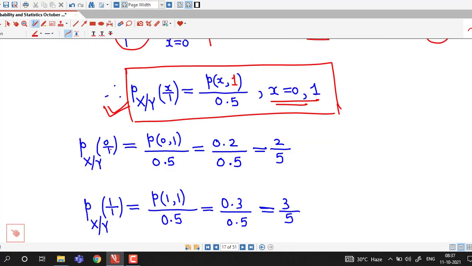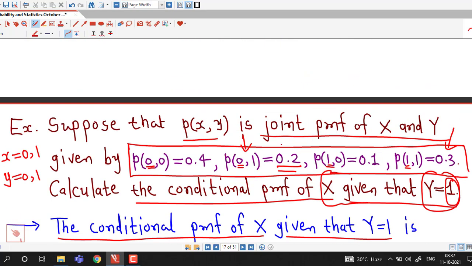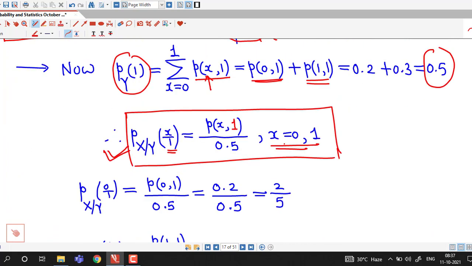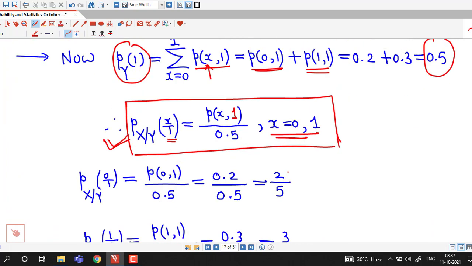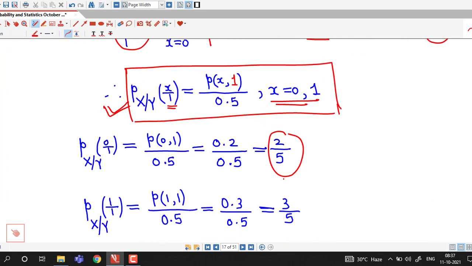If I put x equal to 0 here, I have p of 0 given 1 equal to p(0,1) divided by 0.5. p(0,1) is 0.2 here, so I obtain 0.2 divided by 0.5, which is 2 by 5. Similarly, for the conditional probability mass function of 1 given 1, I put x equal to 1 here. So we have p(1,1) divided by 0.5. p(1,1) is given as 0.3, so I obtain 3 by 5.